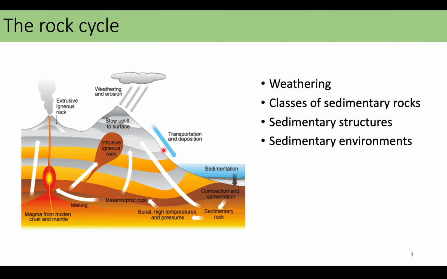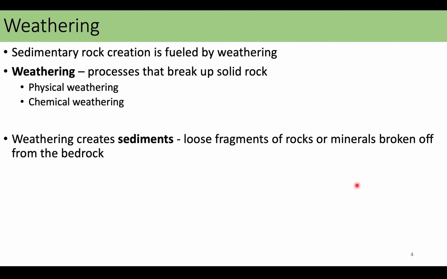Over time, it will eventually be compacted and cemented into a solid rock, which we call sedimentary rock. So sedimentary rock is formed by some type of loose sediments. So we are going to go over weathering, the types and classes of sedimentary rocks, some sedimentary structures, and then also sedimentary environments.